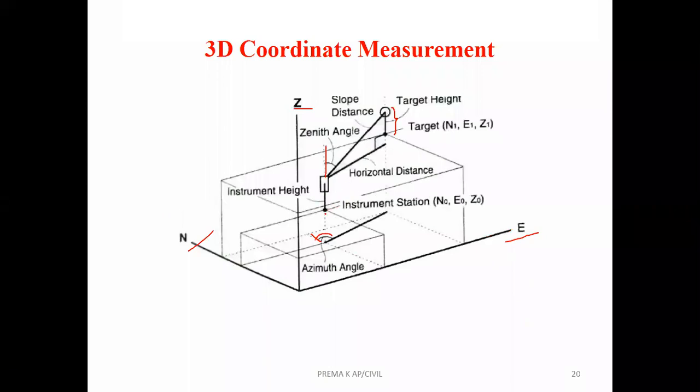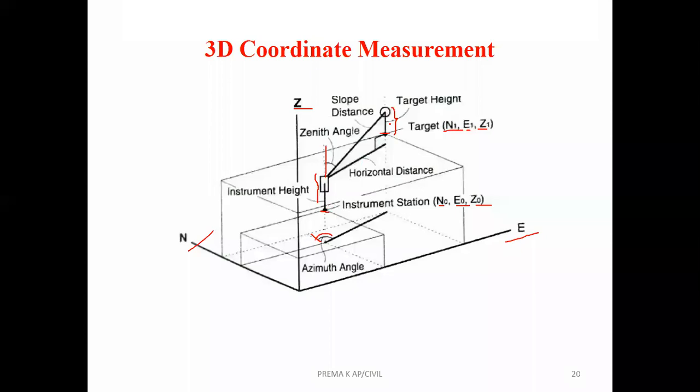So this is instrument station and it is measured as N0, E0 and Z0, and target coordinates are measured as N1, E1 and Z1. This is the target height and this is instrument height. Here you can see that the instrument station and the target are not on the same level, so this is the base of target and this is the base of instrument.